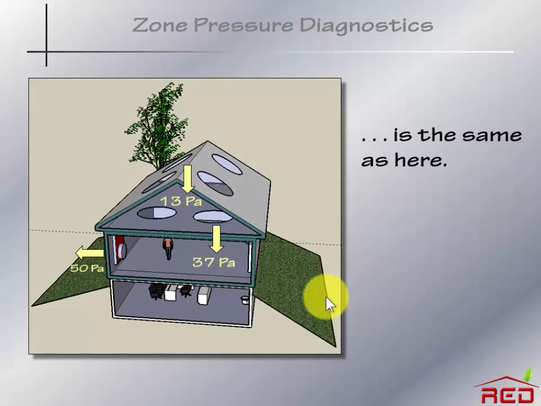Now, with this in mind, you can see how this can be misleading. We know that the pressure boundary that we call, in this case, the attic floor, is tighter than the roof because the pressure that it's able to hold across the pressure boundary is much higher, but we have no idea with the pressure what size the holes are.